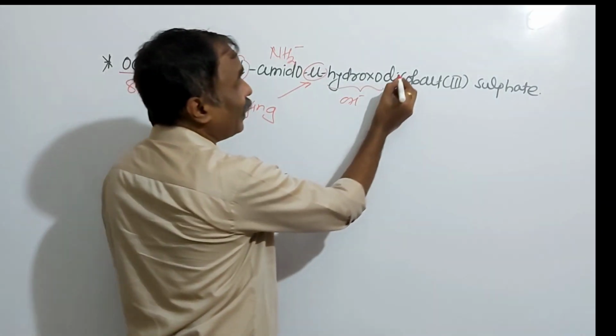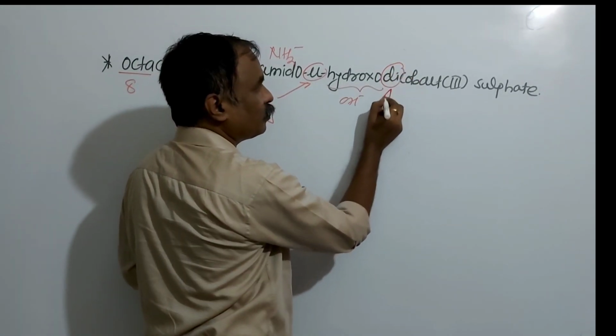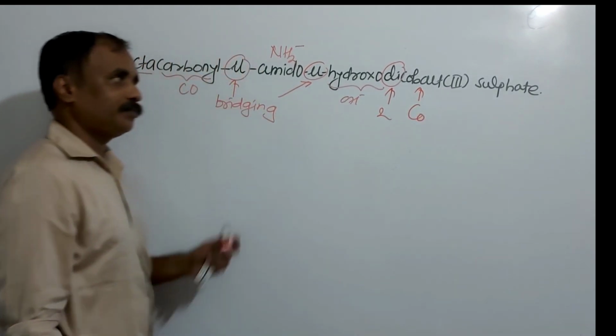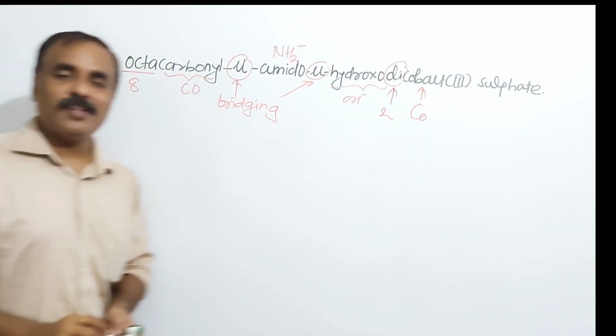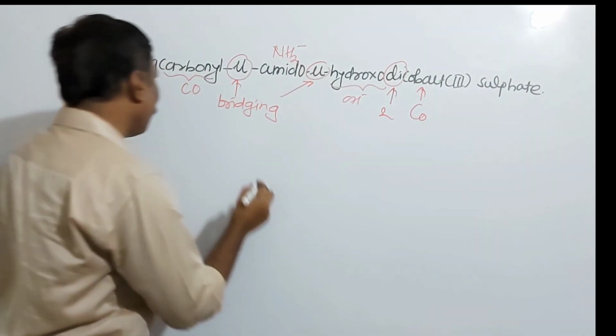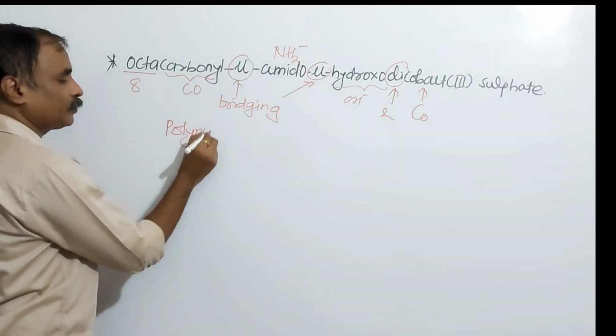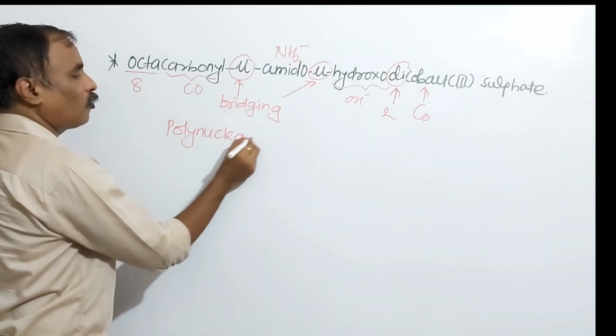Now this di indicates two cobalts, and here two metals are there. So what is the conclusion? This is a polynuclear complex.